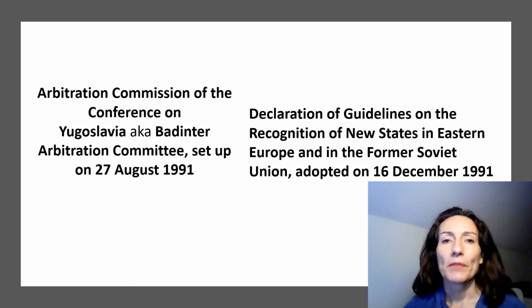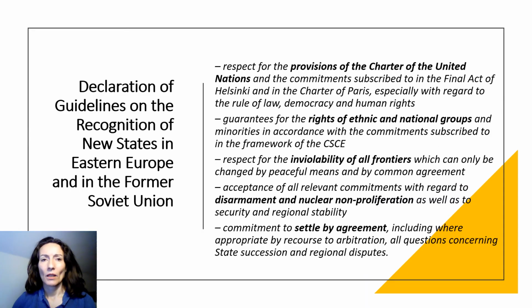Second, the approval of the declaration of guidelines on the recognition of new states in Eastern Europe and in the former Soviet Union. The European Community guidelines that the member states agreed to follow to recognize new states imposed de facto conditions that go well beyond the requirements of a population, a territory, and an effective government.